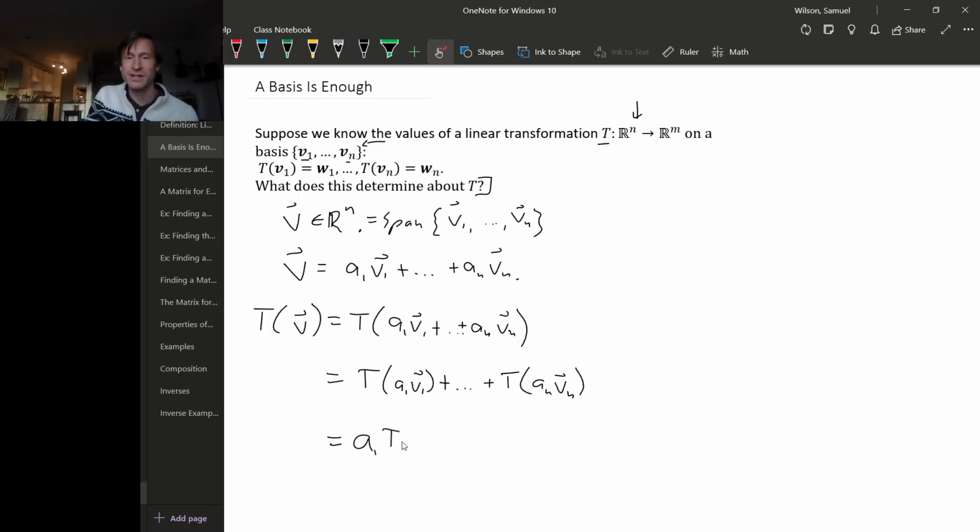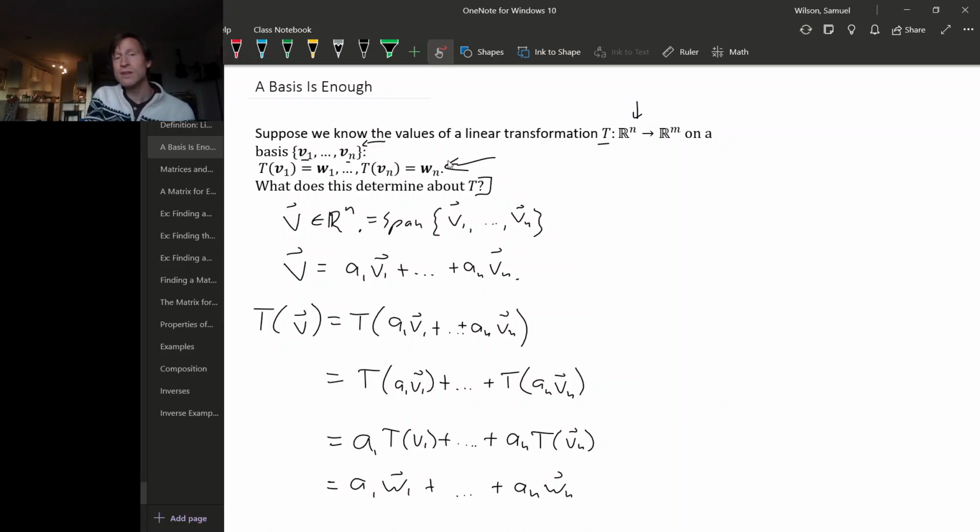So a1 t of v1 plus dot dot dot plus an t of vn. And these t of v1 through t of vn, we're assuming that we knew that to begin with, right? We were assuming that we knew what the transformation did only for these basis vectors. So this becomes a1 w1 plus dot dot dot down to an wn.